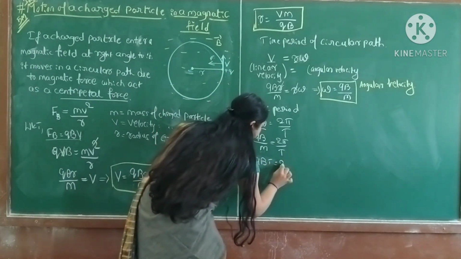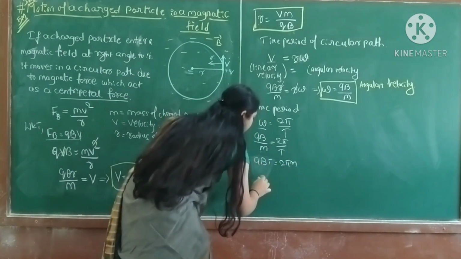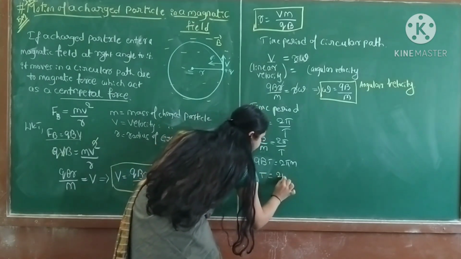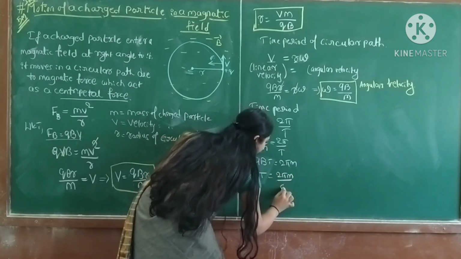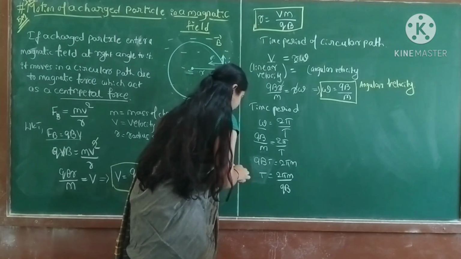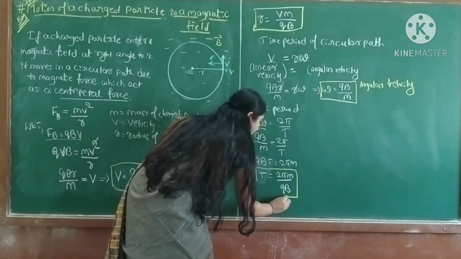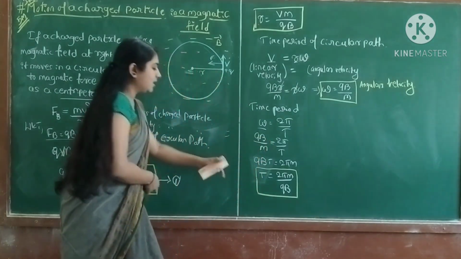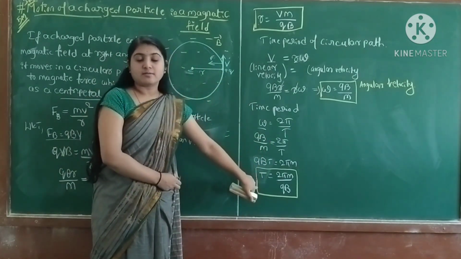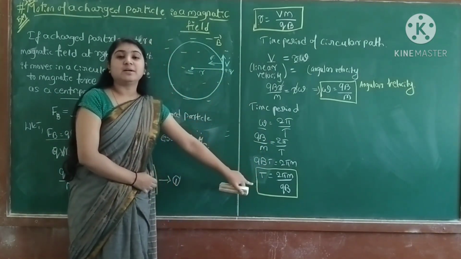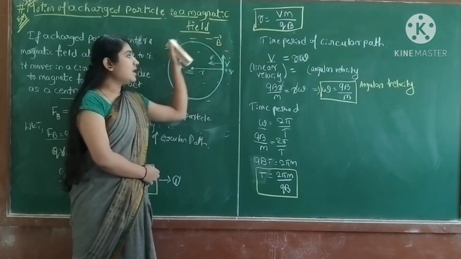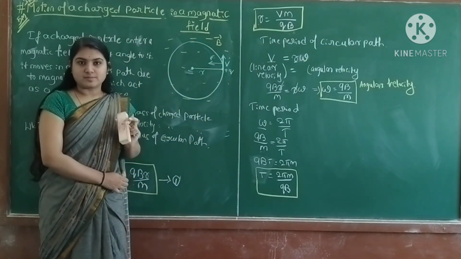QBT equals 2 pi M. So now T is equal to 2 pi M divided by QB. Yes, this is the time period equation now. The charged particle will take this much time to cover the circular path.